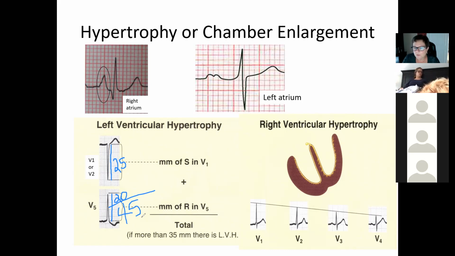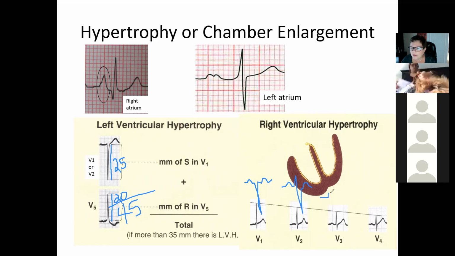But the cool thing about right ventricular hypertrophy is you have a totally opposite look to your precordial leads, or your chest leads. You have an abnormal R wave progression. So in a normal ECG, V1 should be negative. So this is what V1, whoops, that's a bad drawing, but V1 should look like this. V2, predominantly negative.